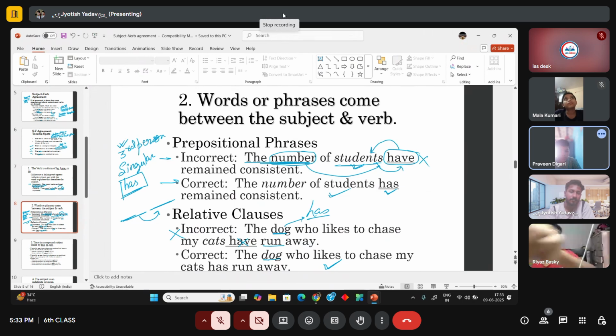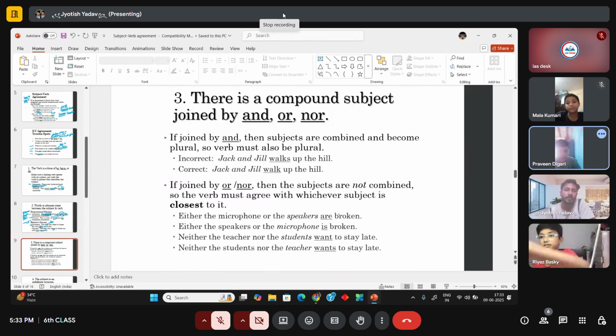No more questions. Okay. See, there is a compound sentence that I have told in the previous class. What does this mean? We basically join it by using and, or, and nor. We all know what "and" means and what "or" means, but I think you don't know about "nor". Sir, I know.